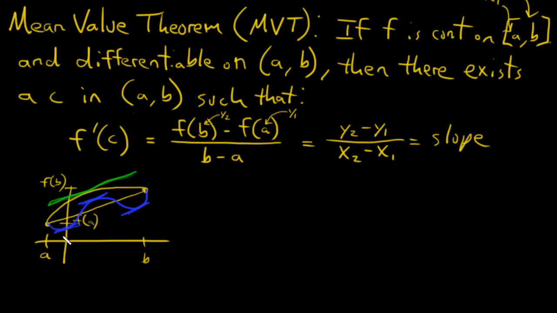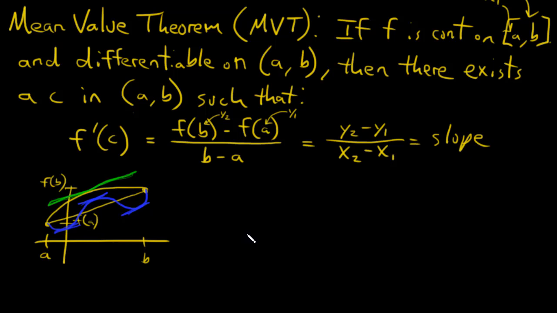So to get from point A to point B, the function, since it's continuous and differentiable, has to have at least one point, some value between A and B, that has exactly the same slope as the average slope. Okay? No matter how I go, since it's continuous from point A to point B, it has to match that at least once.